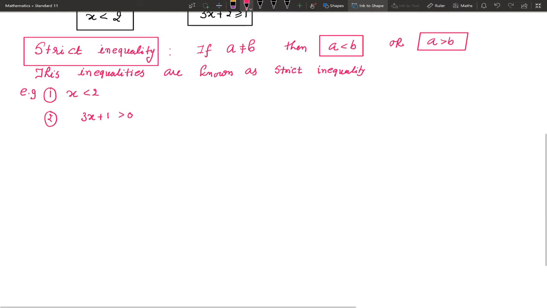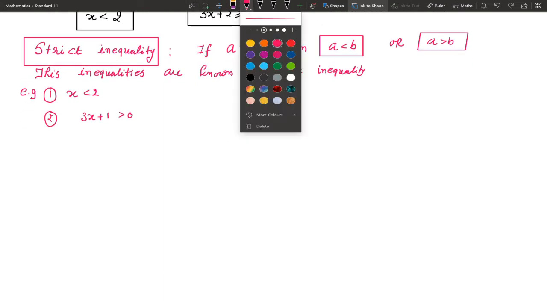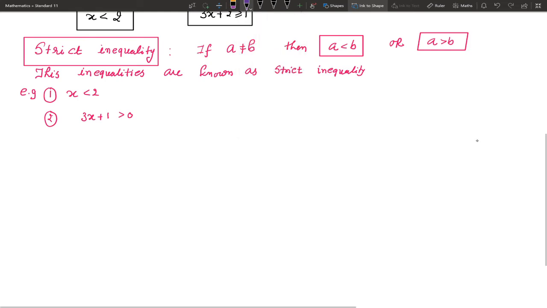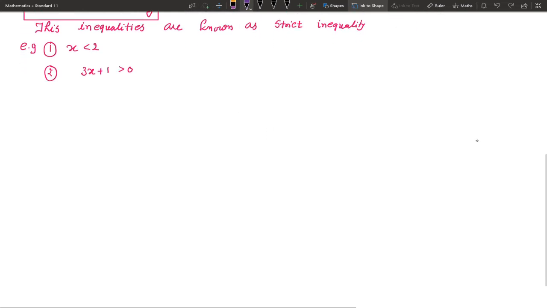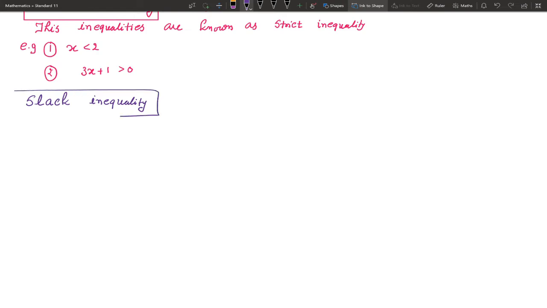The next inequality is slack inequality. If a less than or equal to b, so what is the meaning?